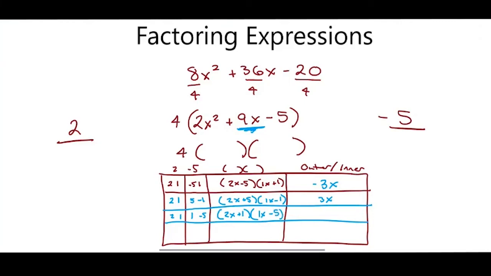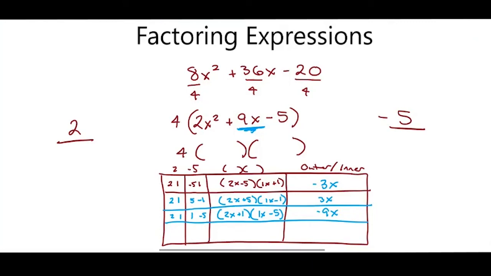We'll do outer and inner. So my outer terms will be -10x plus my inner terms, which is 1 times 1x, so it's plus 1x, and that equals -9x. Well, I'm looking for a positive 9x. So that means I'm getting close.